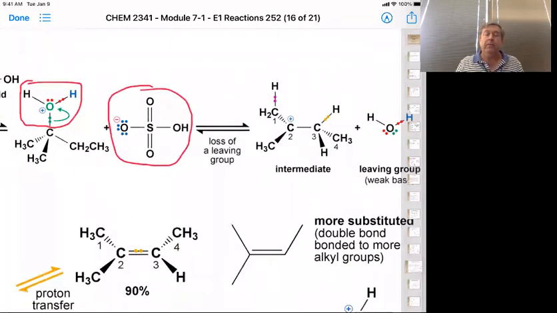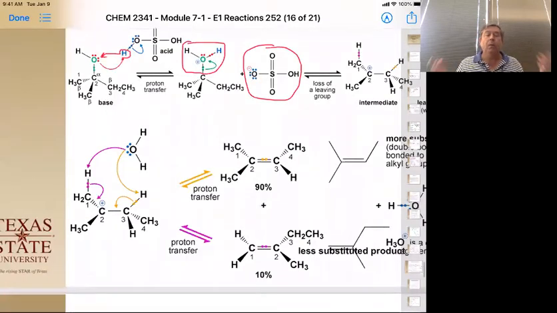All right, great. We form our tertiary carbocation here, and we had water leave as our leaving group as a neutral. Now it is also a weak base. Okay, so then the next step has to do with what happens next. A base has to come in and remove one of the beta hydrogens, okay?